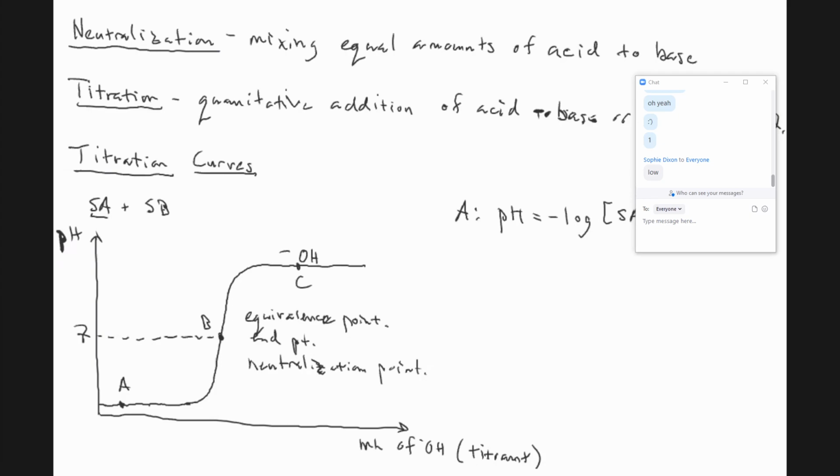In this case, whatever the strong acid is. At B, this is your equivalence point. So we know pH first between a strong acid and a strong base. One wants to get rid of everything and the other one wants to scoop them all up, right? They all want to get matched up and paired up so they neutralize each other out.